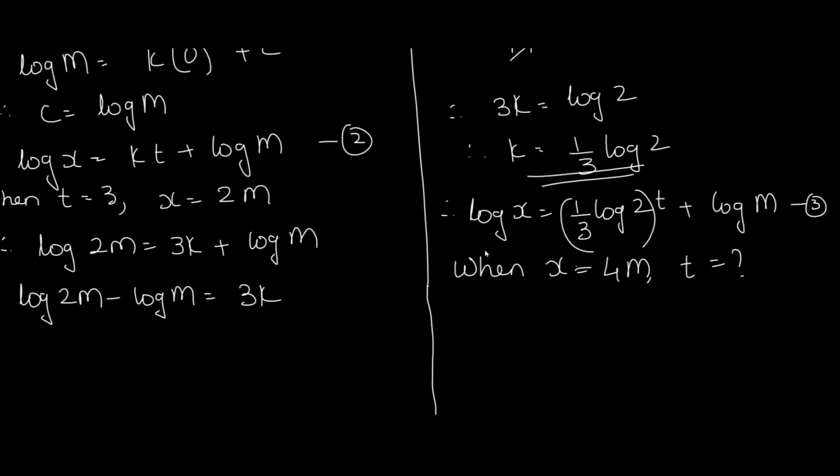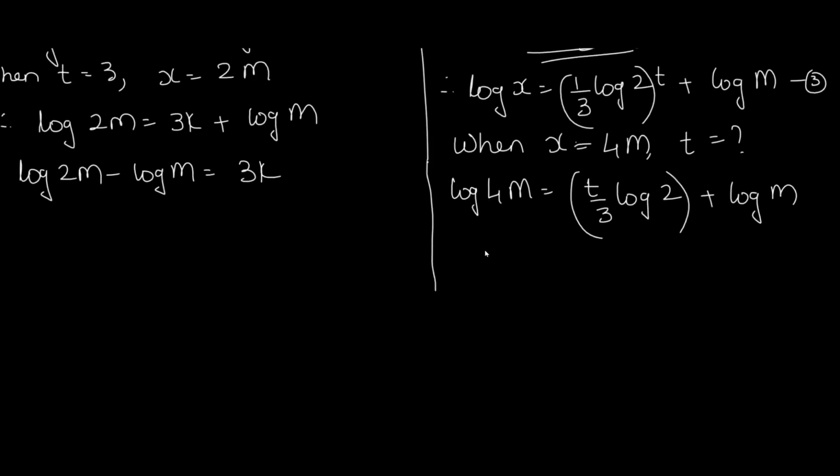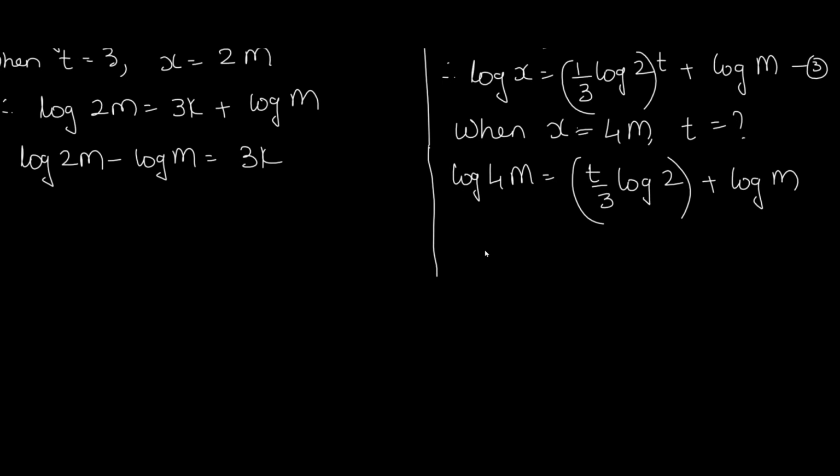So in equation 3, we substitute log x as log 4m is equal to 1 upon 3 log 2 into t, this t is what we have to find out, plus log m. And then we take log m on the LHS, and therefore we get log 4m minus log m is equal to log of 2, since t upon 3 is multiplied to the log, so it can be written as a power of the number in the log.